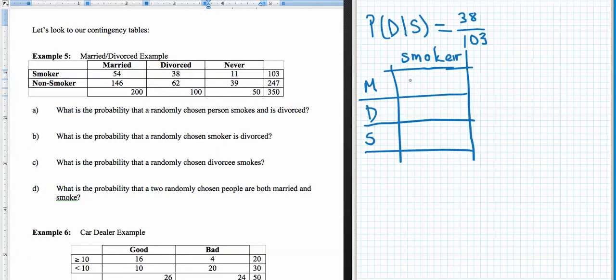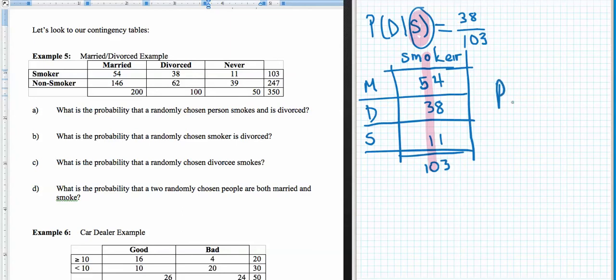I'd have 54 in this one, and 38 in this one, and 11 in this one, and that would give me a total of 103, wouldn't it? And if I ask this question of just these people here, the smokers, that's the condition. That's what you're looking at here. All these people, how many of them have been divorced? You'd look at me and you'd say, well, that's really easy to find.